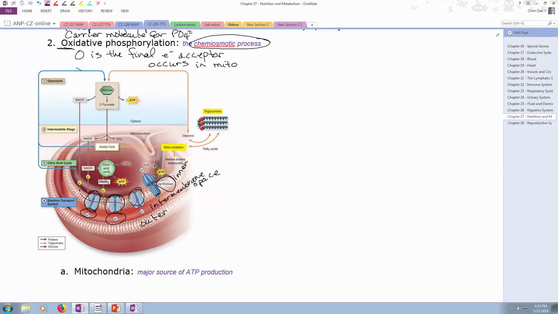What's really interesting about this protein in the inner mitochondrial membrane is that when hydrogen ions flow through it, they act like water flowing through a water wheel. And remember, when water flows through a water wheel, it makes it move and it generates power, correct? And this causes enough power to actually create a bond between ADP and inorganic phosphate. And so right here is what we are going to be actually looking at in mitochondria.